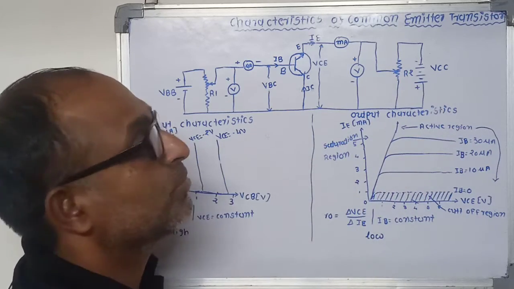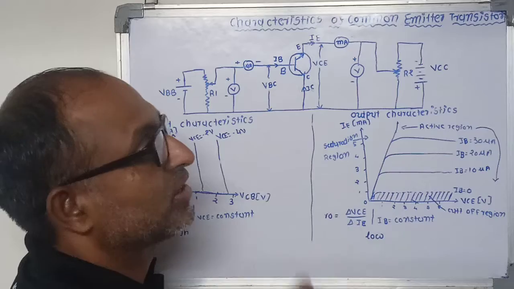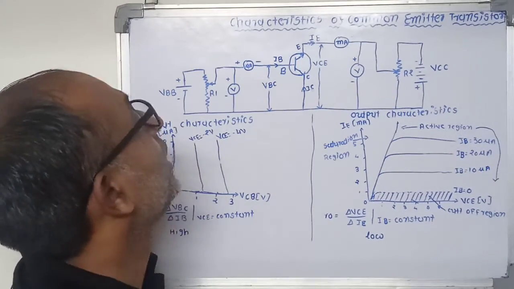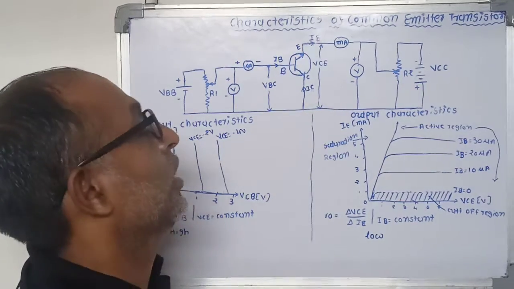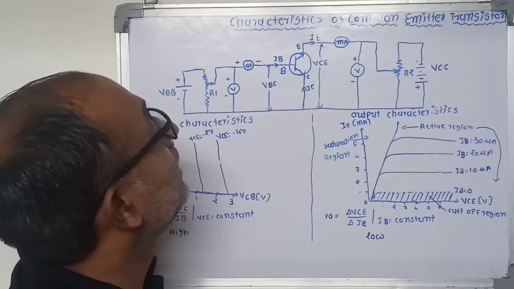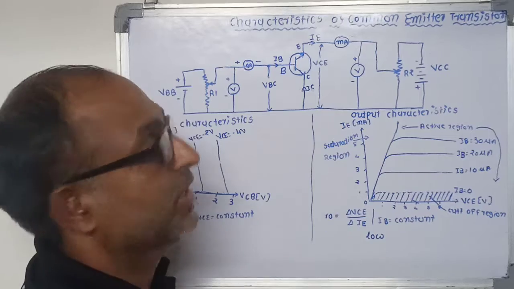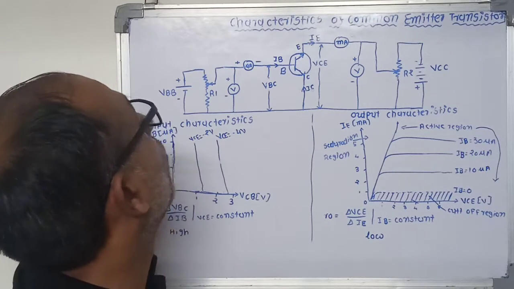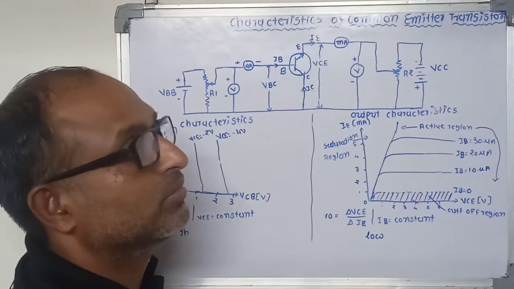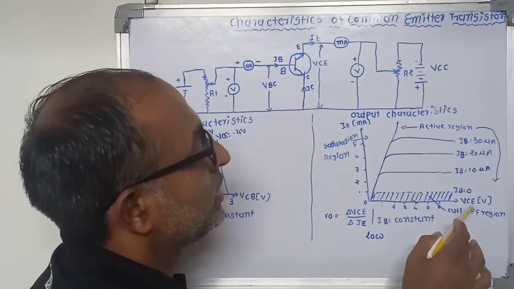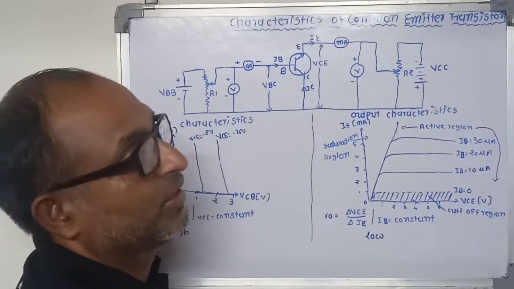This is because the effect of VCE on the emitter junction is very small compared to the base collector junction voltage. At that time the transistor is operated in the saturation region, when both are forward biased, and a very small change in collector emitter voltage rapidly raises the emitter current.